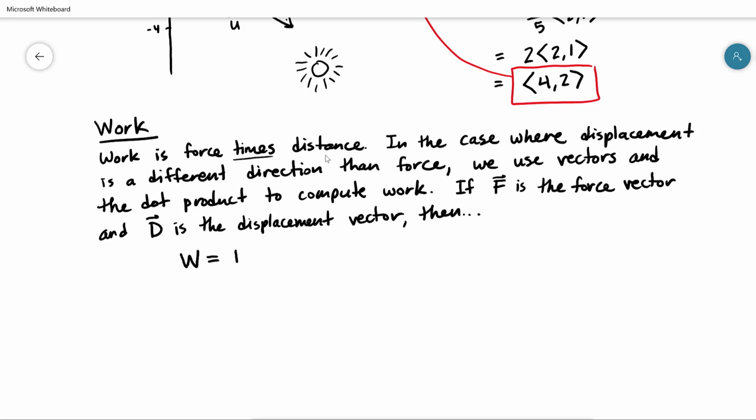The work is just going to be the force dotted with the displacement. That's it.